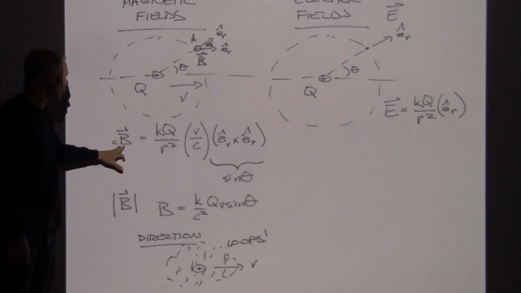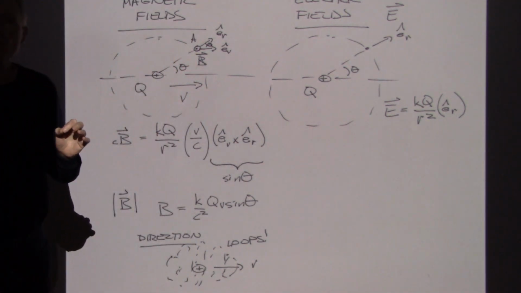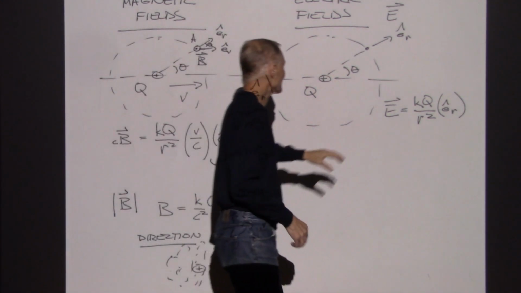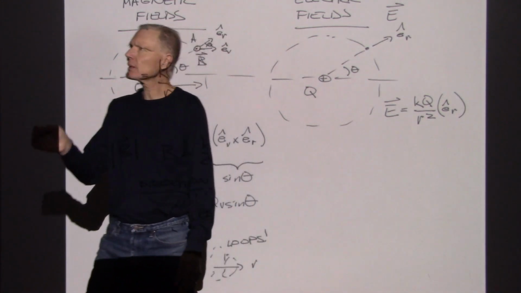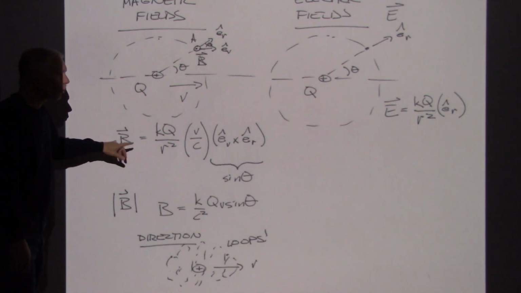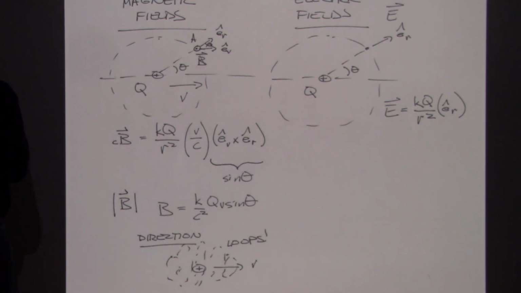Now, for historical reasons, there are a couple things we have to get used to here. First of all, the electric fields go by the symbol big E. And you go, that makes sense. Electric field, capital E. Sure, that makes sense. For magnetic fields, we use the symbol capital B.